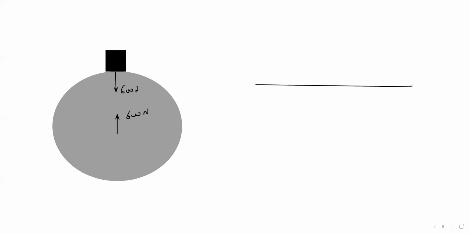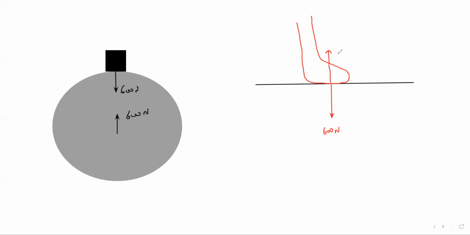As you are standing on the ground, there's a weight of 600 Newton, and there is an upward force of 600 Newton by the ground. So there is no resultant force.